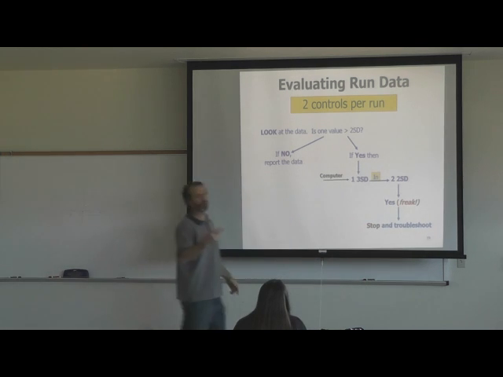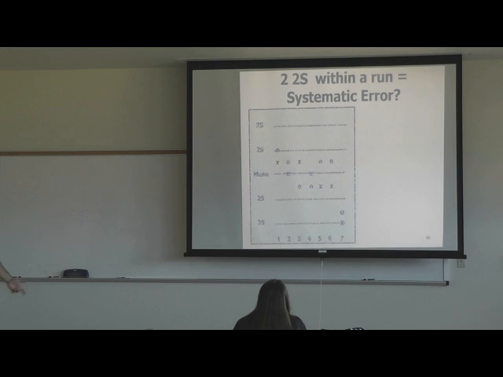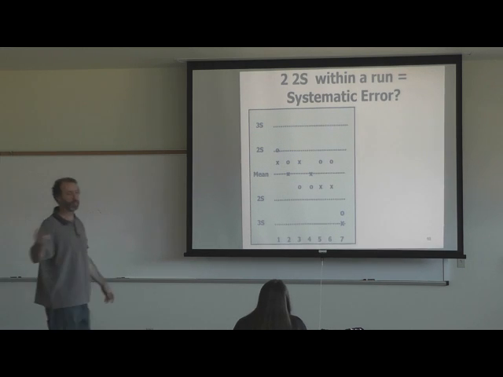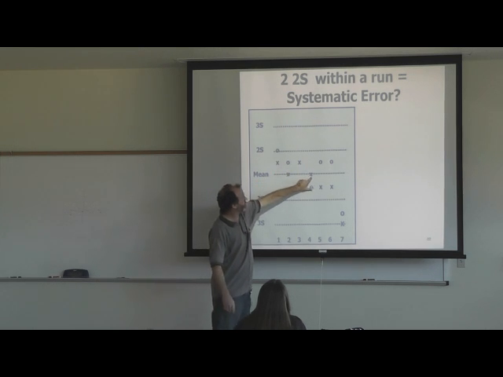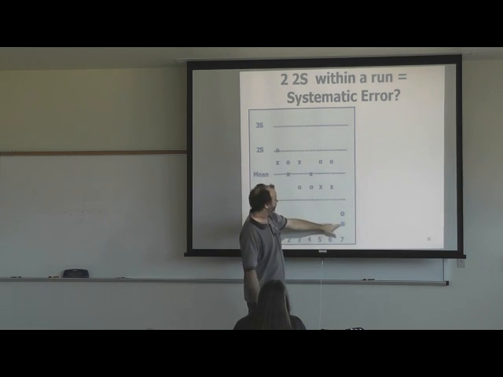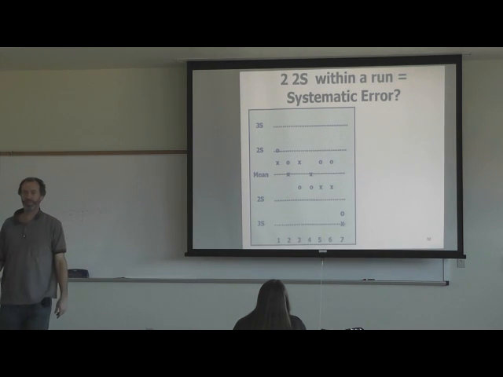Then if you have two values that are greater than 2 standard deviations, that's the 2-2S rule, then you stop and troubleshoot. And this is one of the examples of a 2-2S. So normal, normal, normal, normal, normal, normal, and then boom, all of a sudden, both control samples are greater than 2 standard deviations. Yes? Question.